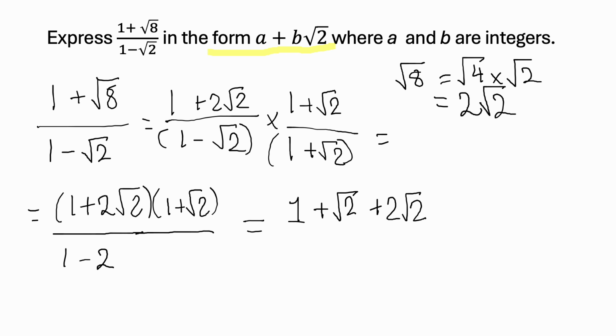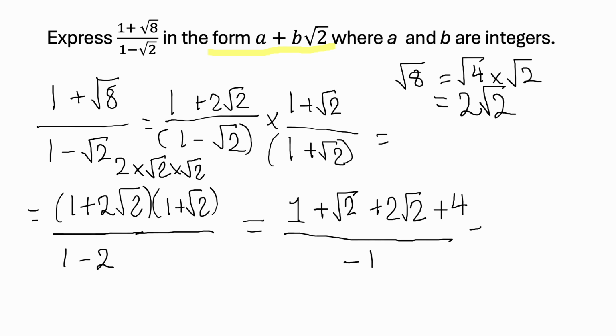And last, 2 root 2 times root 2. Root 2 times root 2 is 2, so we're going to do 2 times 2, which is 4. And then 1 minus 2 is minus 1.